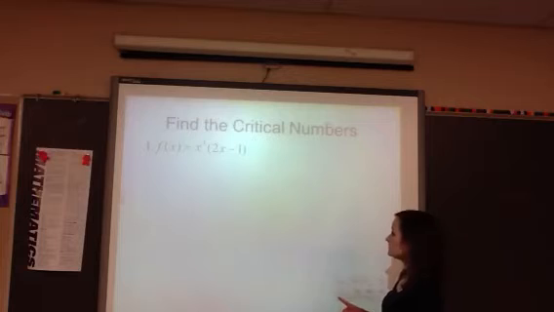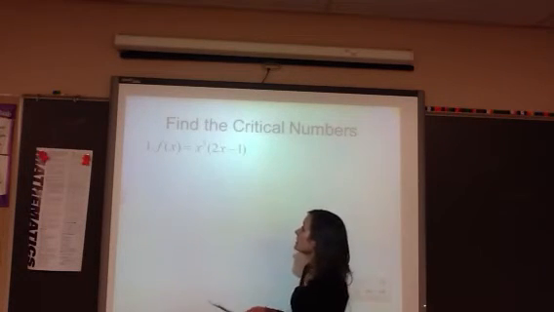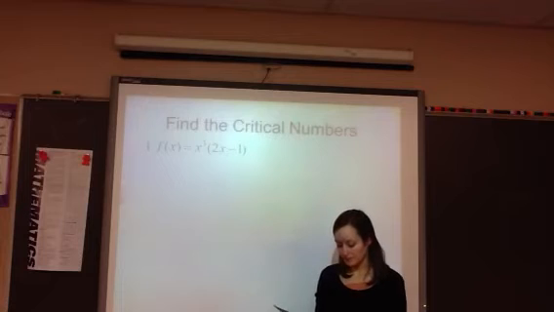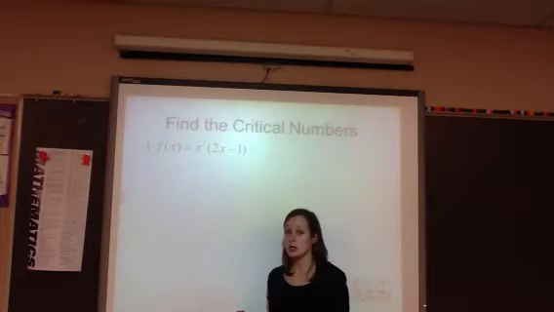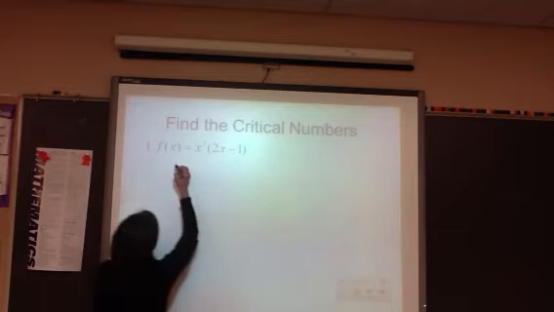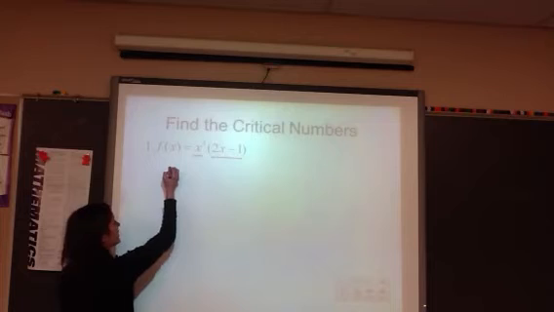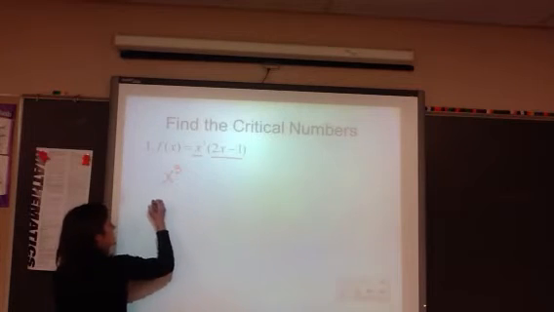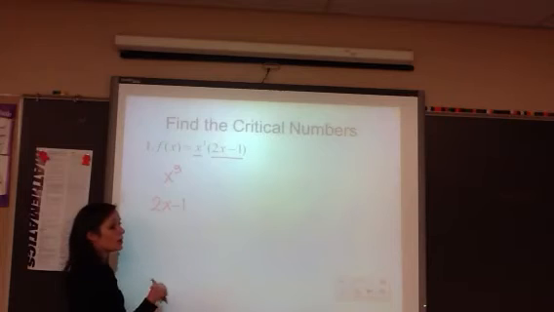So, if we have this equation here, x cubed times the quantity 2x minus 1, and we want to figure out where the critical numbers are, first we have to find the derivative. So the derivative of x cubed and 2x minus 1 makes us do product rule. So we have our first times the derivative of our second, and then our second times the derivative of the first.